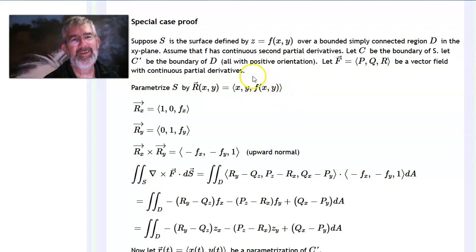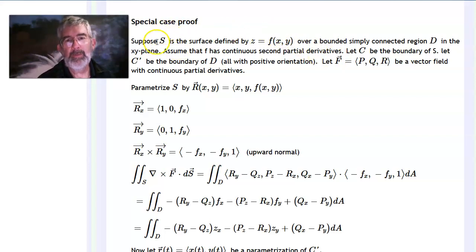So here we go. This is going to be the case where the surface that I'm integrating over can be described as z is a function of x and y. Okay? So not typically the way we think of a parametrized surface, but just a surface, z is a function of 2 variables.